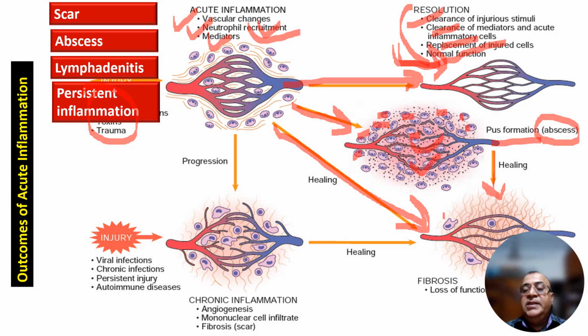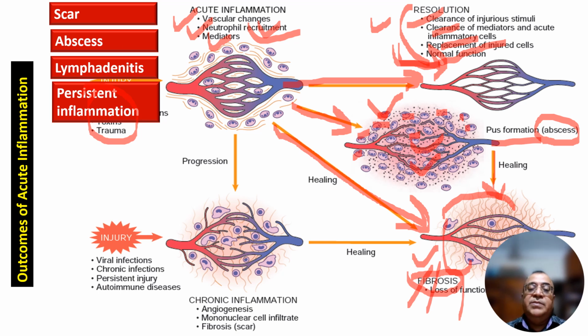So this tissue will be invaded by fibroblasts, and fibrosis will occur in this area. This is termed healing with fibrosis. Healing with regeneration, liquefactive necrosis, or healing with fibrosis are the three usual outcomes of acute inflammation.